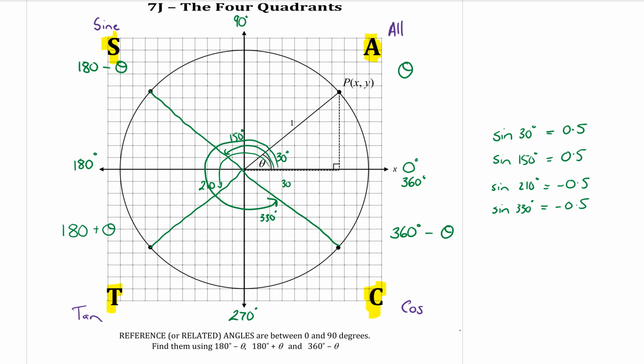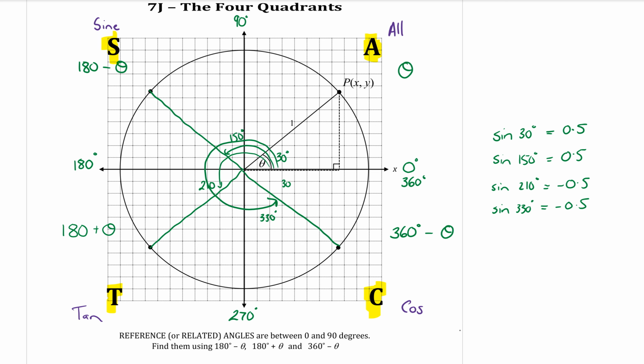Going into the second quadrant, the S quadrant, sine is the only one of the three trigonometric functions that is positive in that quadrant. So sine of 150 is going to be positive, but all of the other ones, cos and tan, would be negative in that quadrant.